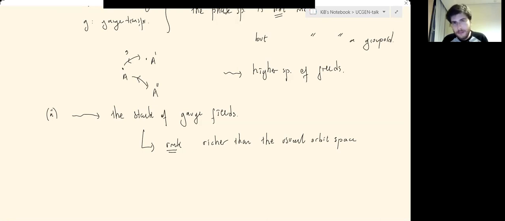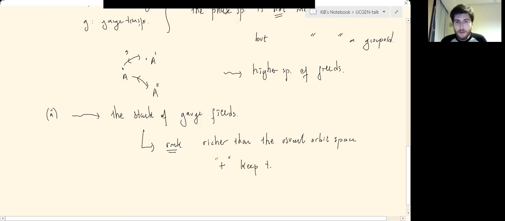But what is the extra information? Now we can basically keep track of how many ways they are gauge equivalent. So the extra stuff here is that we keep track of how many ways they are actually equivalent.